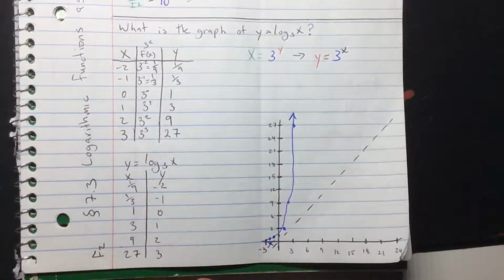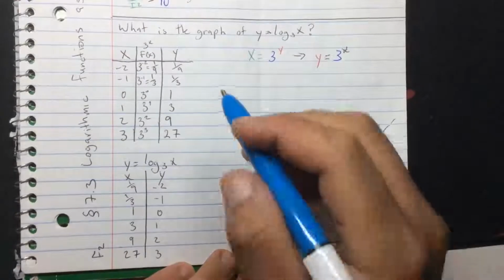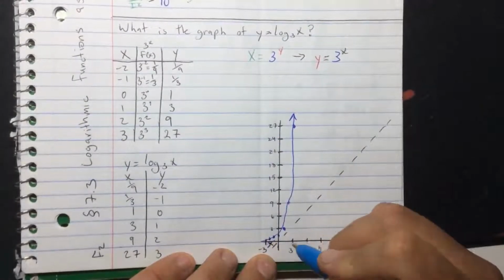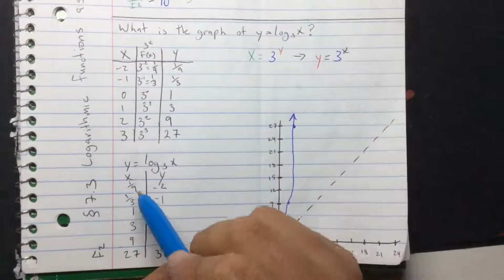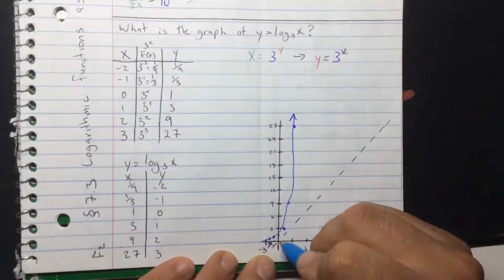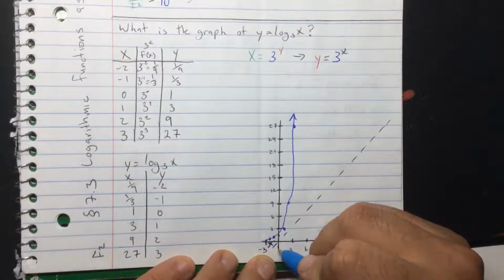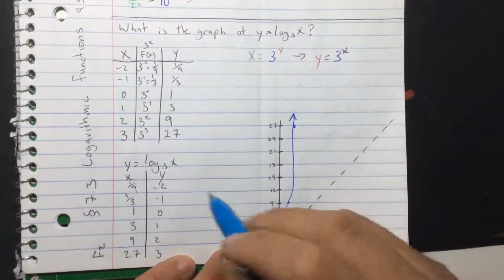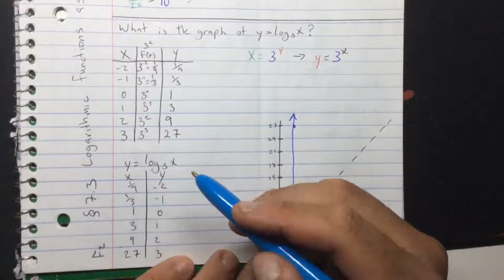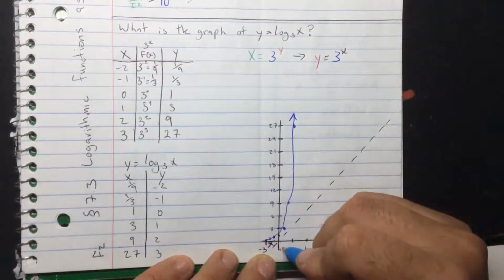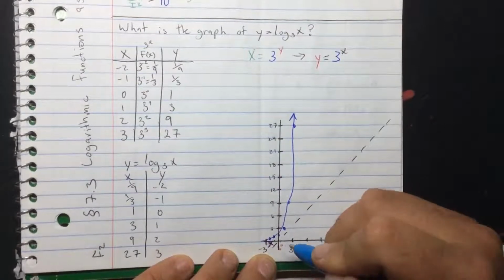So now we're going to do this one in red. We have x is 1/9, which is really, really close. It's going to be at negative 2, which is about right here. Then we have 1/3 at negative 1, which is about right there.